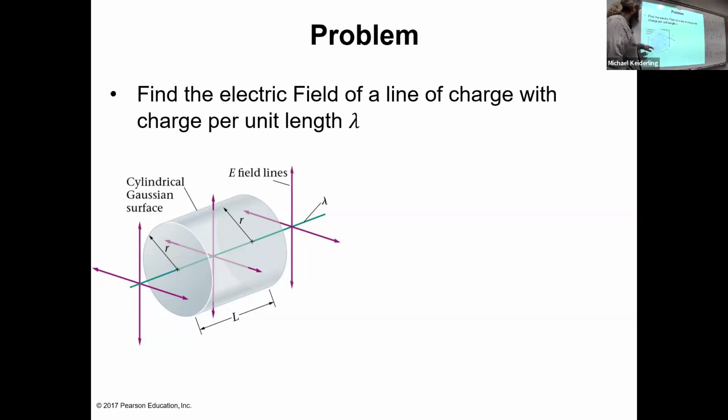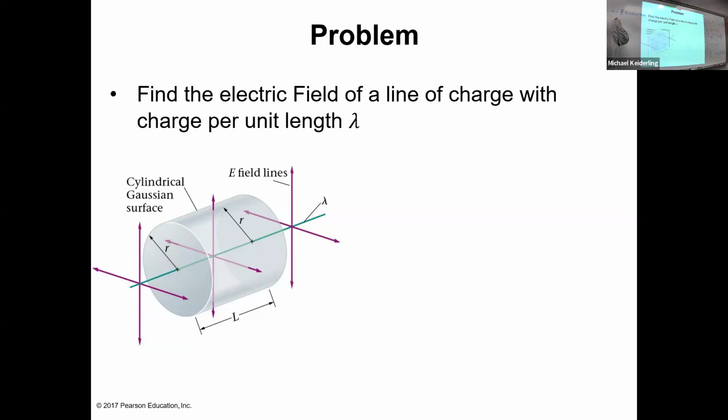So here, if you draw a cylinder that is length L and radius R, the ends are going to be parallel to the electric field, so they won't have any flux. For the sides of the cylinder, the flux is going to be electric field times the area, which is 2 pi r times length, times the cosine of 0 degrees.